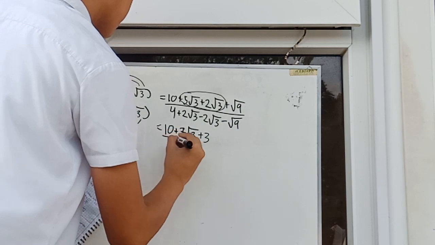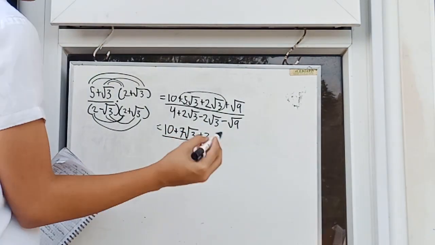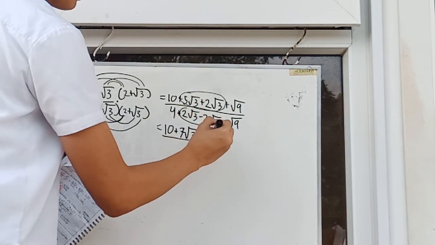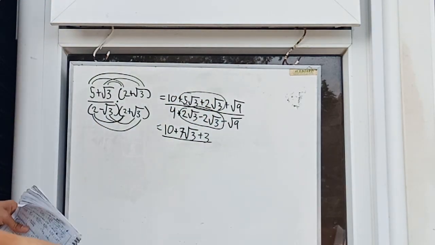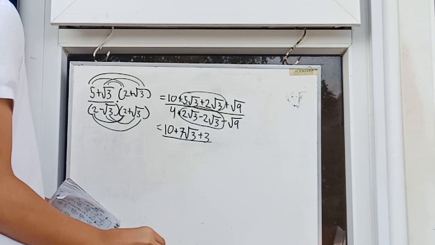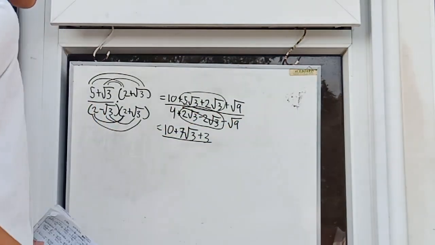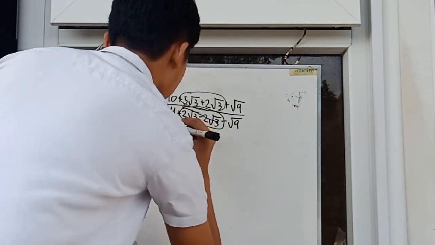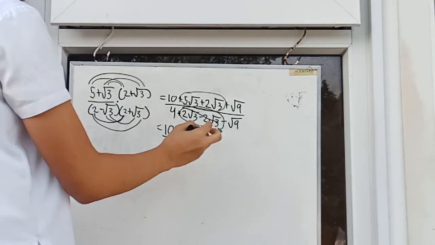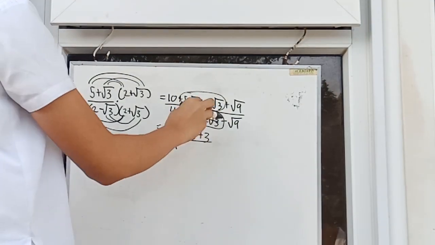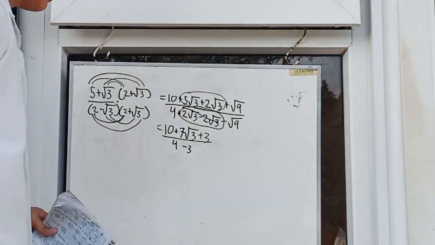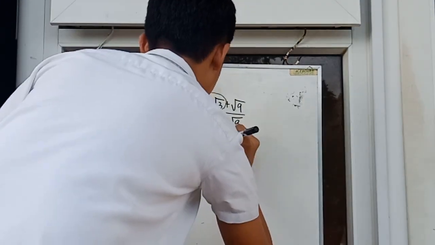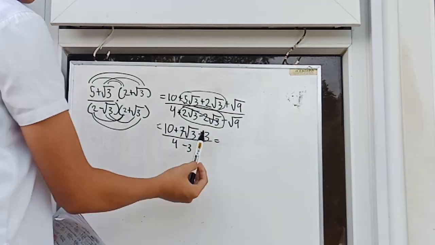Here in the denominator, we also have the same radicals, so we can also combine them. So 2 minus 2 is 0, so we already canceled that. And so it's going to be 4, and negative square root of 9 is going to be negative 3.